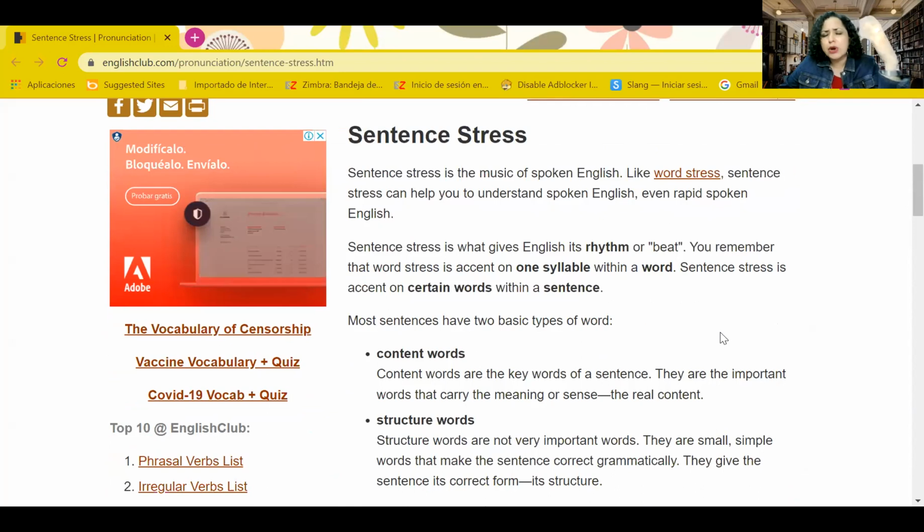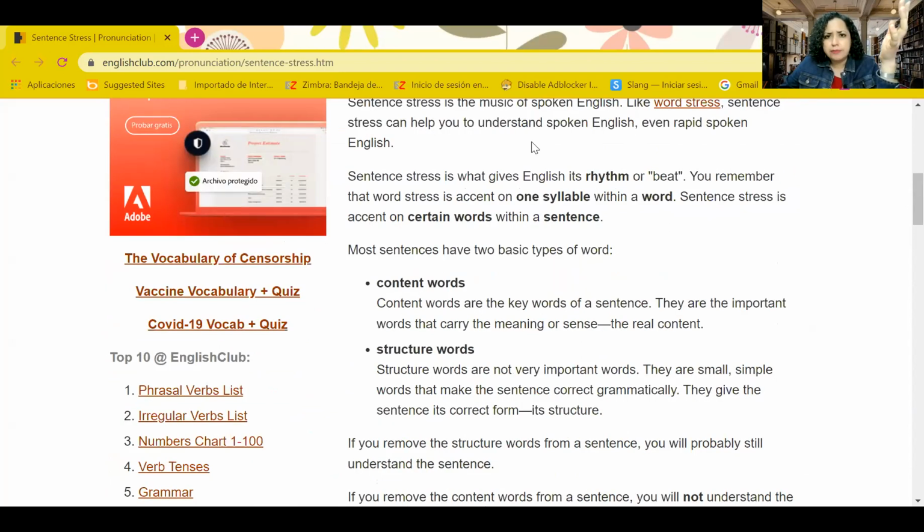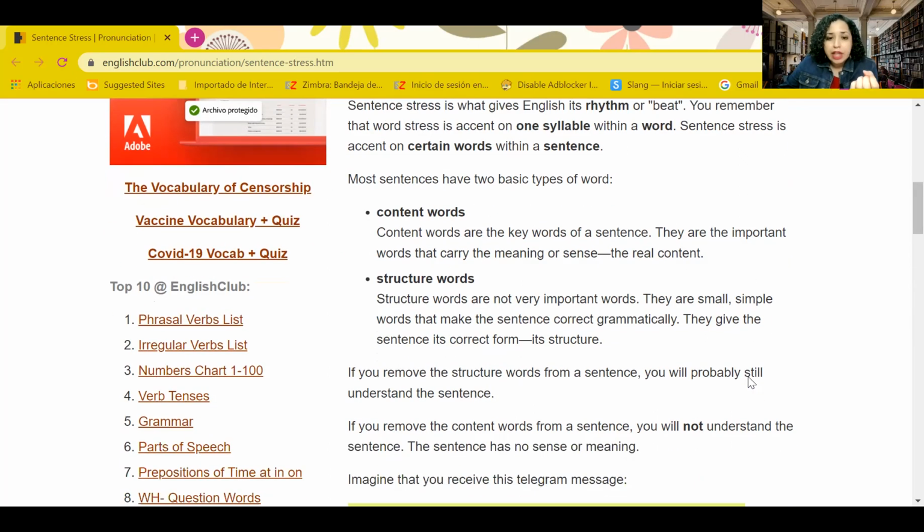Content words are the keywords of a sentence, and structure words are not very important words, but are part of the sentence. They complete the sentence. They're probably small or simple words, and they make the sentence grammatically correct.